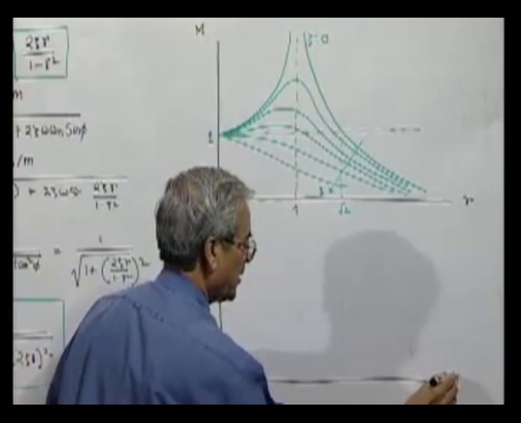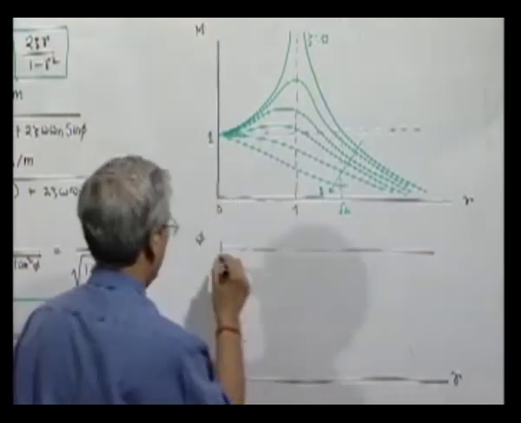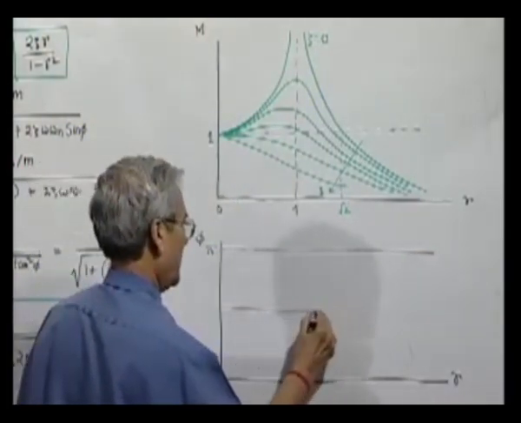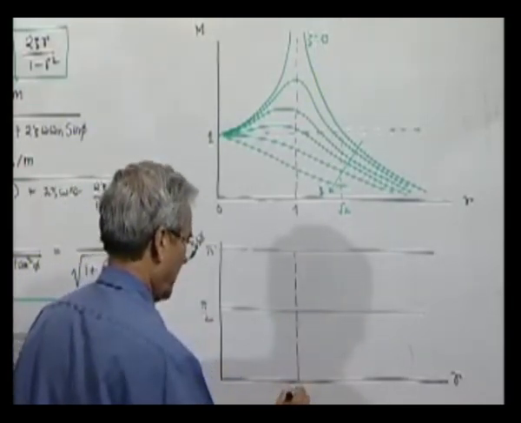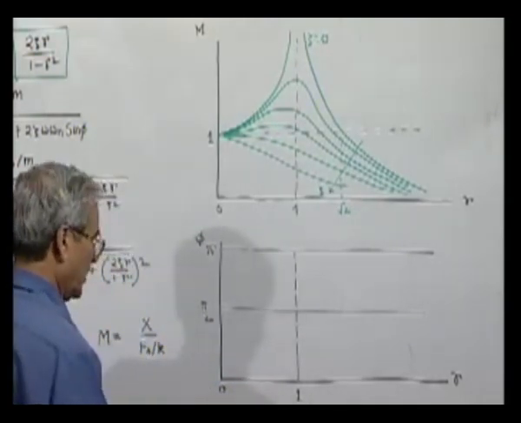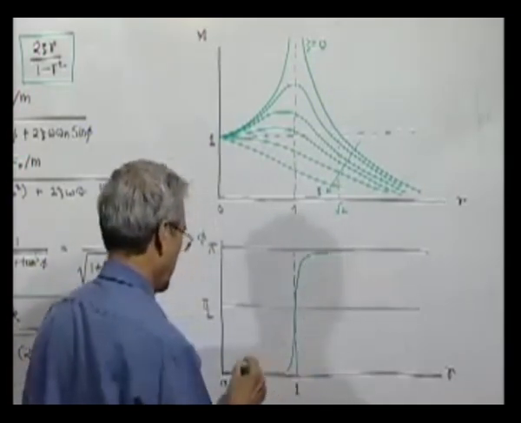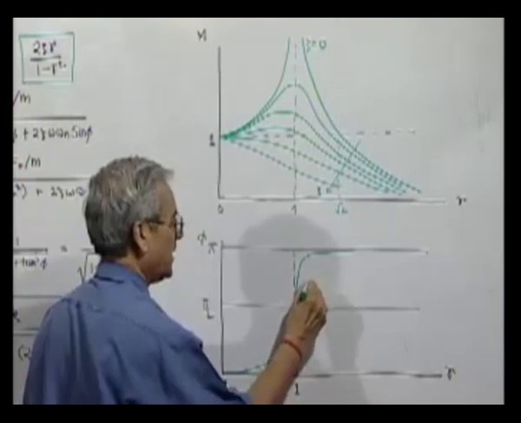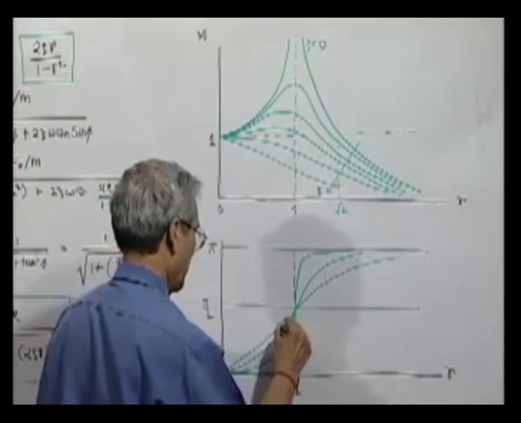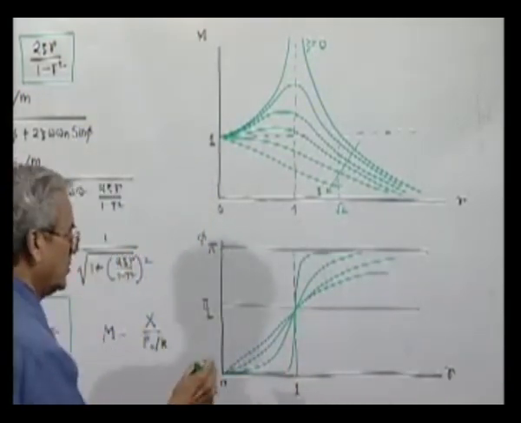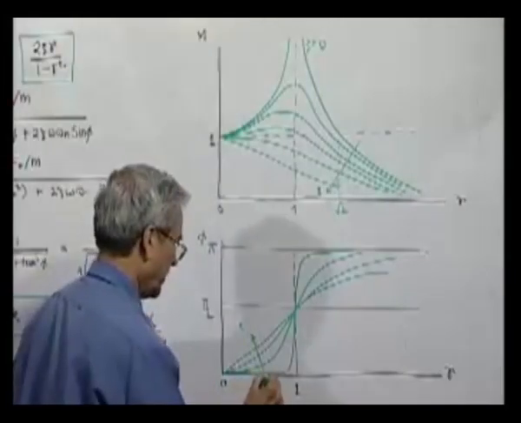Phase difference characteristic: if zeta is very small, it will be like this. Now as zeta gradually increases, and so on. So zeta increases, and this is the case when zeta is 0.